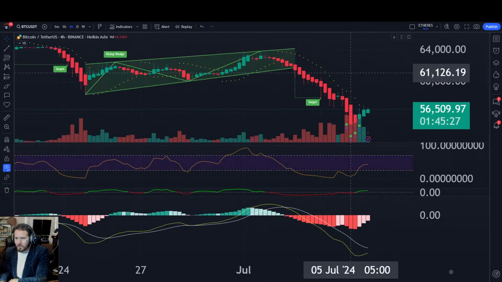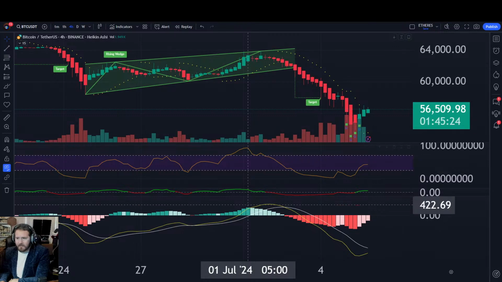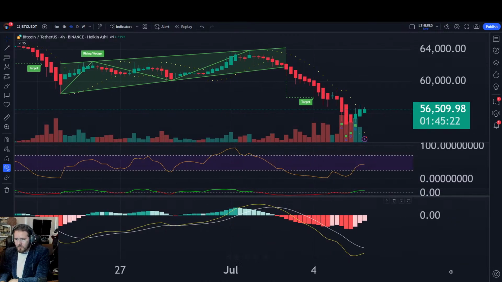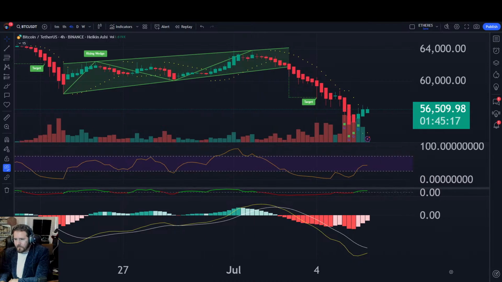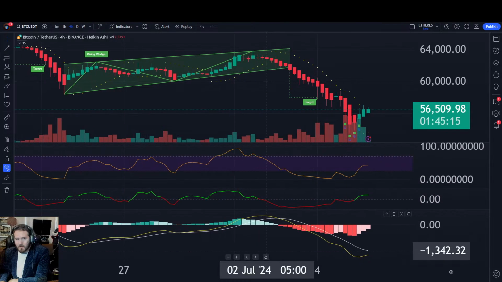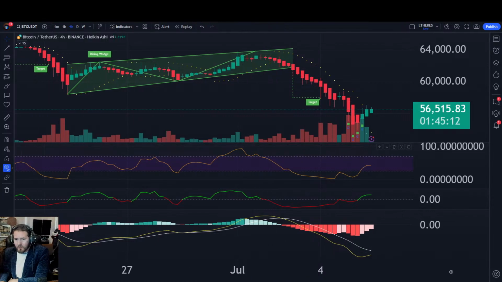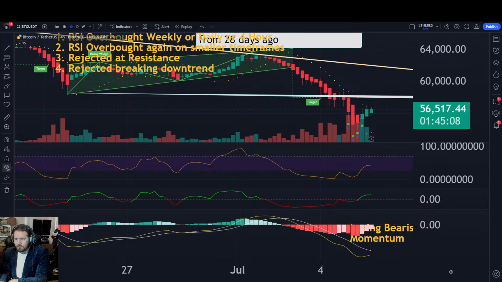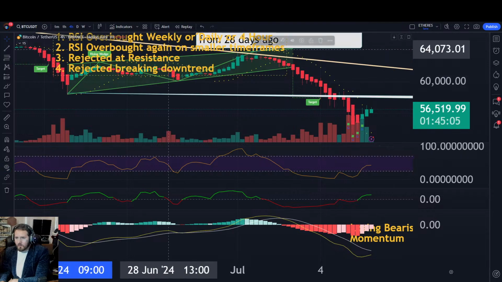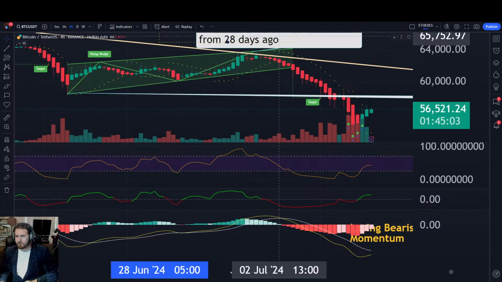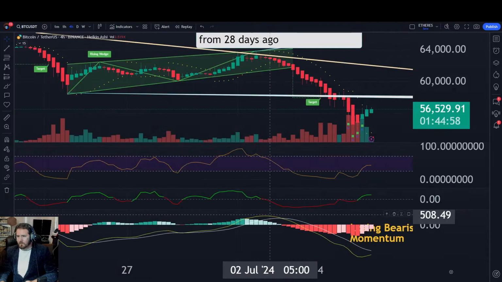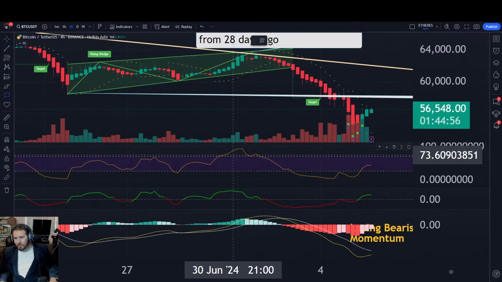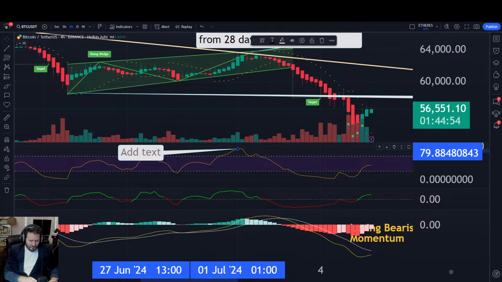And we look at the 4-hour. We saw right when this was happening, we zoom in here. I don't know if I want to put this on here. I think I will. I'm going to add a note, I guess. Let me mention that the RSI was completely overbought on the 4-hour.